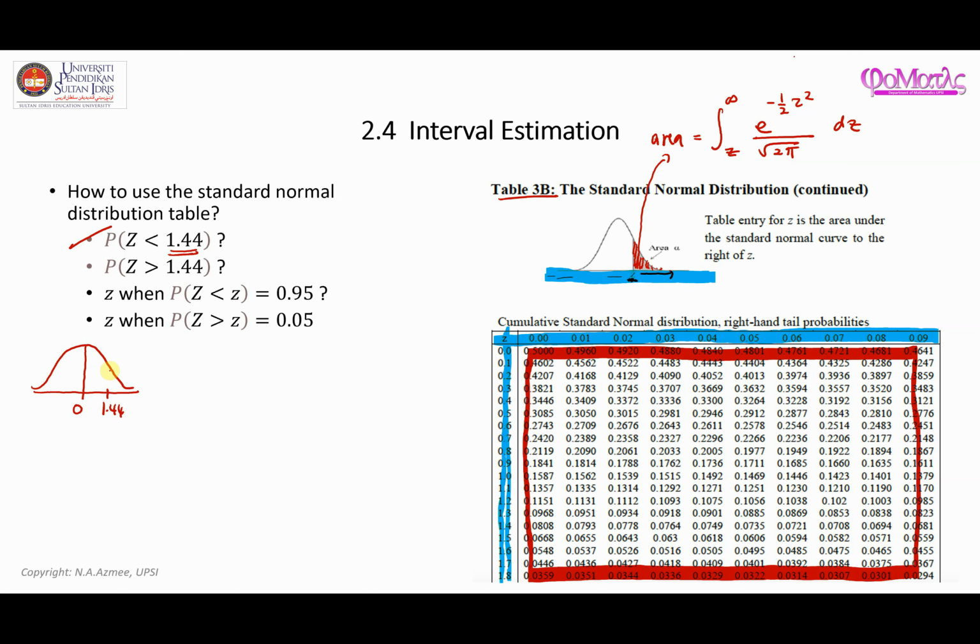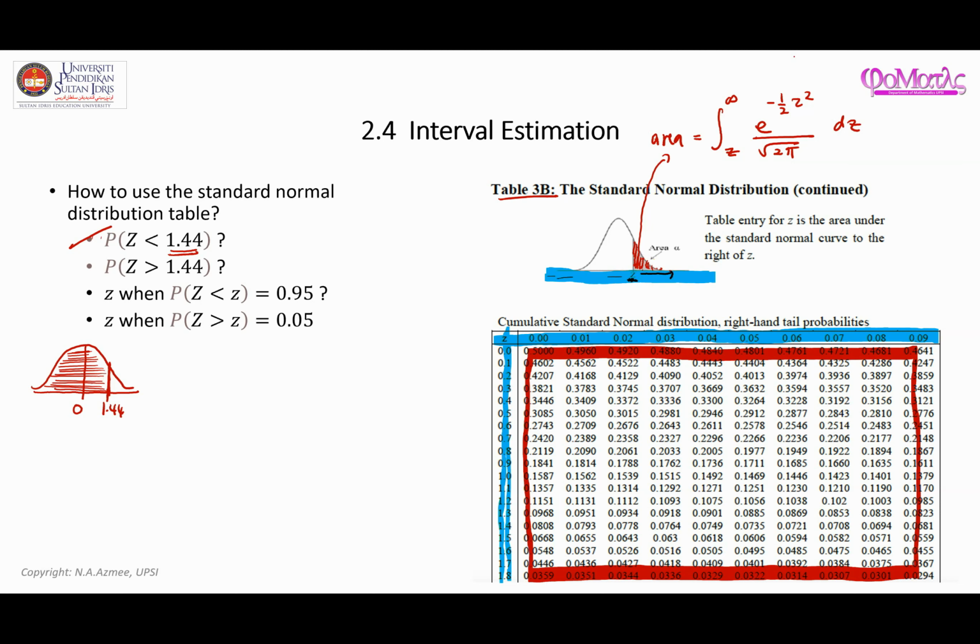We are looking for the probability of z being less than 1.44, in this direction. You can see that the area you're looking for is different than the area given by this table, so you cannot find the answer directly from the table.